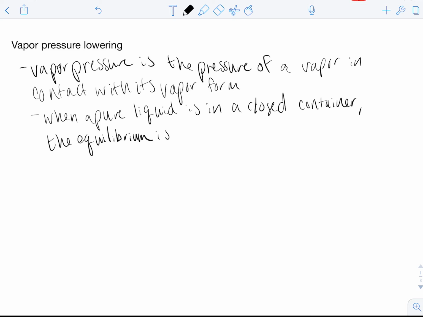So the equilibrium vapor pressure is when vaporization occurs at the same rate as condensation.